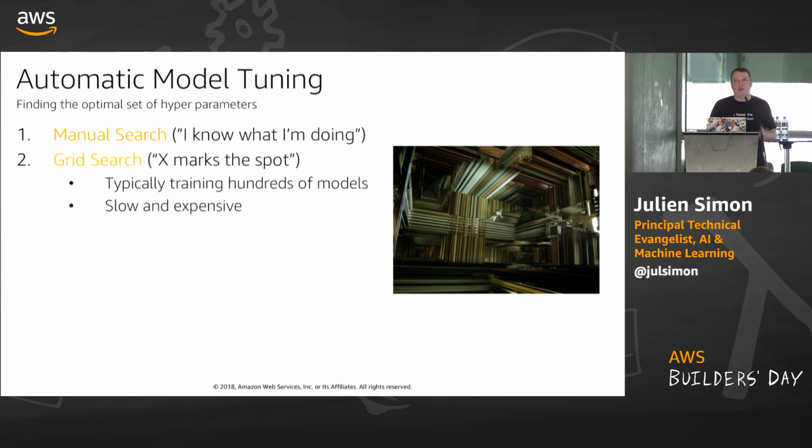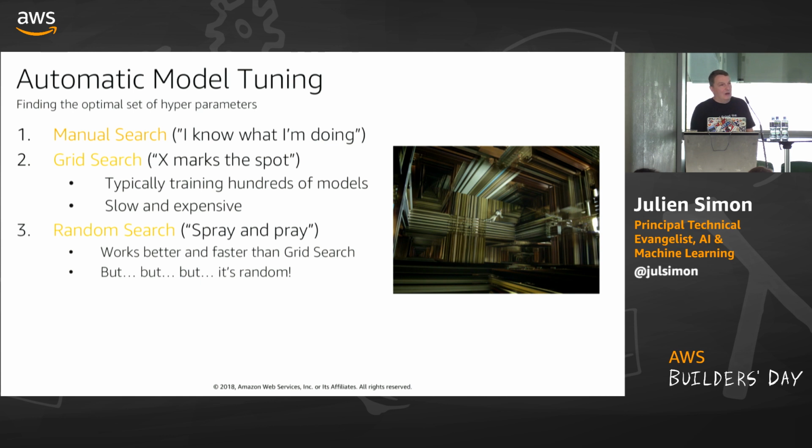So the scientific way is, let's do grid search. Let's systematically explore the space of hyperparameters. Thing is, you're going to spend a lot of time training. You're going to train hundreds, if not thousands of models, hoping to zoom in on that hot spot in the hyperparameter space. So super slow, super expensive. A lot of people use random search.